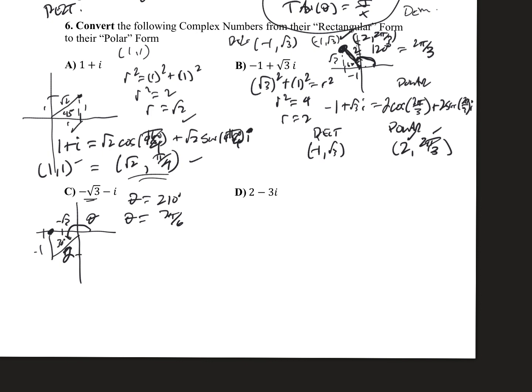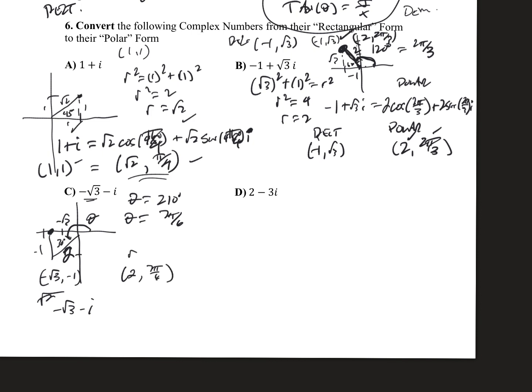So in rectangular coordinates, we've got the ordered pair negative square root of 3, -1, describing the complex number negative square root of 3 minus i. In polar form, I have the radius of 2 and a rotation of 7 pi over 6.